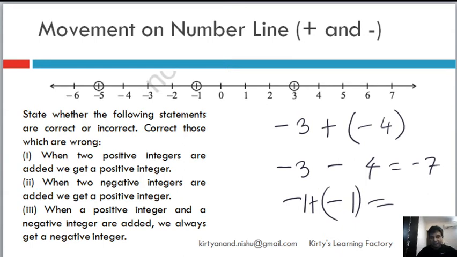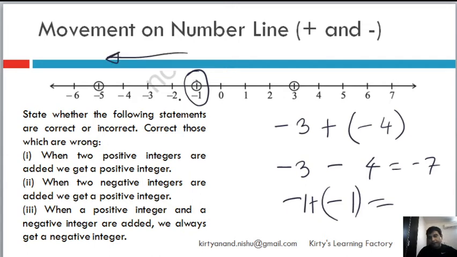So let's take the smallest negative integer, okay, and then let's see that if we are adding a negative integer to it or we are subtracting a positive integer from it, then what happens? When we subtract from a negative integer we get a smaller negative integer, right? Because the value will decrease and hence we will move towards the left.